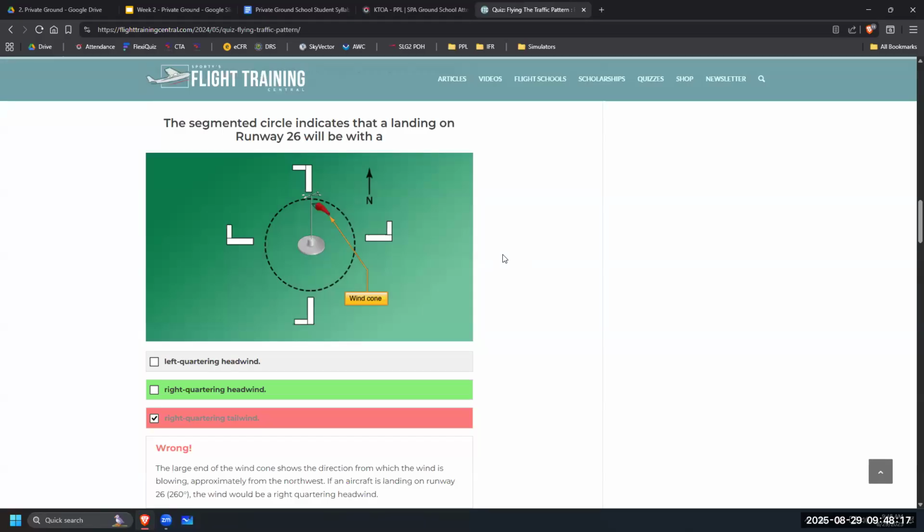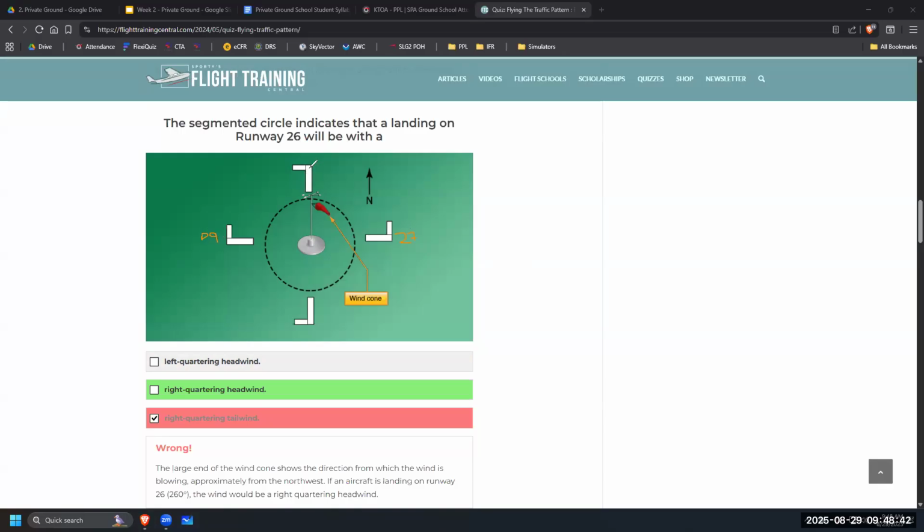Some of us are squinting our eyes, we're confused. What runway is this? Write it on the board, I would know. Okay, use the cardinal directions on this. This is 27. This is 090.